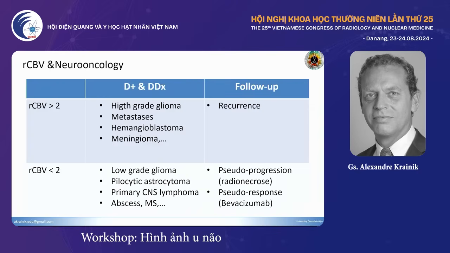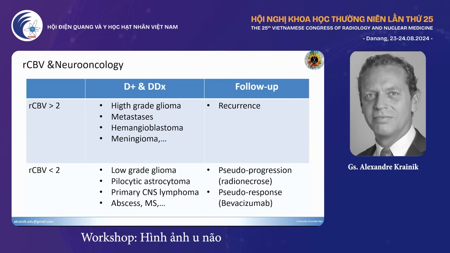Then remember, there's an increase in CBV, meaning the ratio between the core of the hotspot on the CBV map and the reference, which has to be taken in the healthy white matter, above 2 is roughly a high-grade glioma, metastasis, hemangioblastoma, or meningioma.